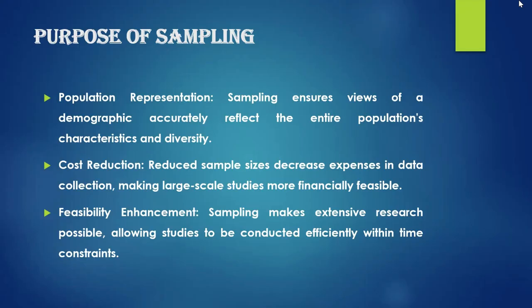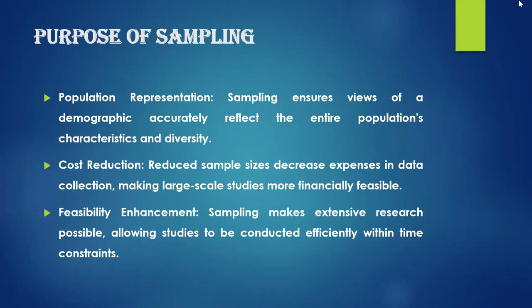The third one is efficiency, that is, to reduce the cost and time required for research. It refers to achieving maximum results with minimum resources, time, and effort. Sampling enables researchers to study a manageable portion of the population, saving both time and money.